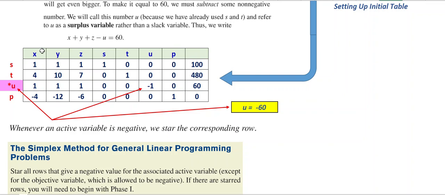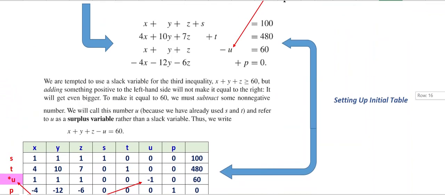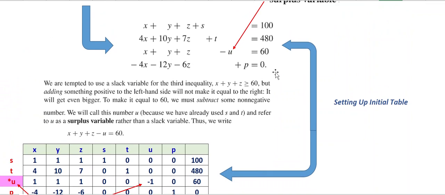And we just fill in, just like we've done before, from our equations. For x, we have 1, 4, 1, negative 4. For y, we have 1, 10, 1, negative 12, and so on.